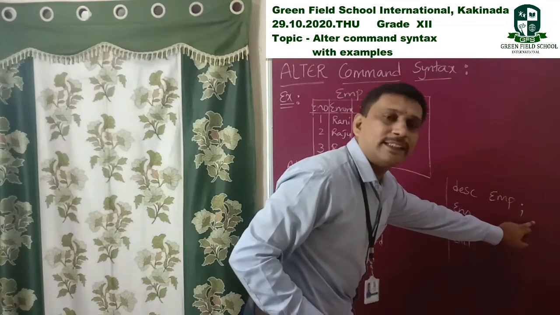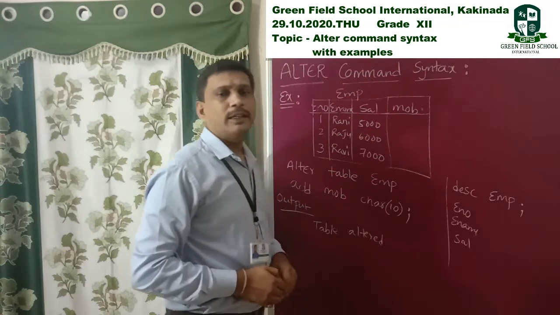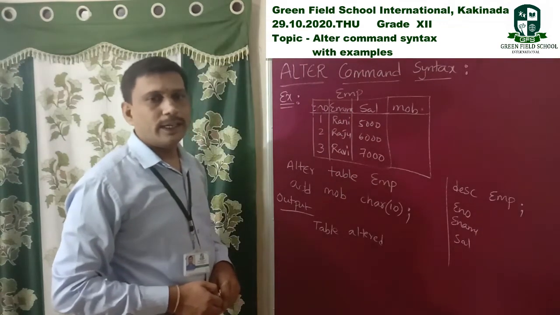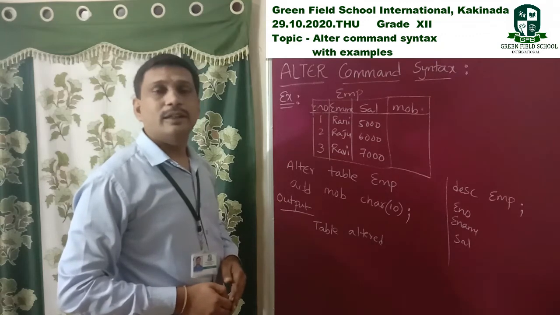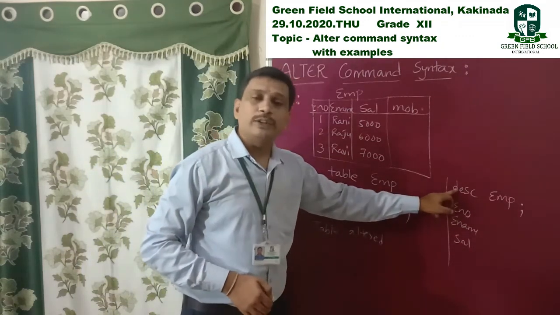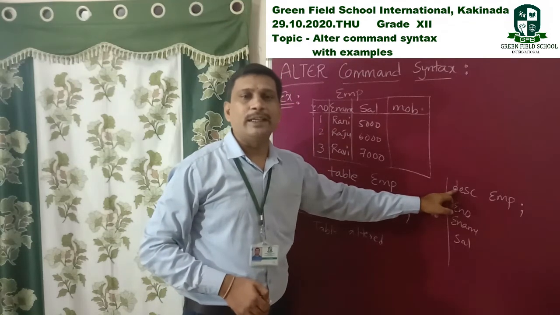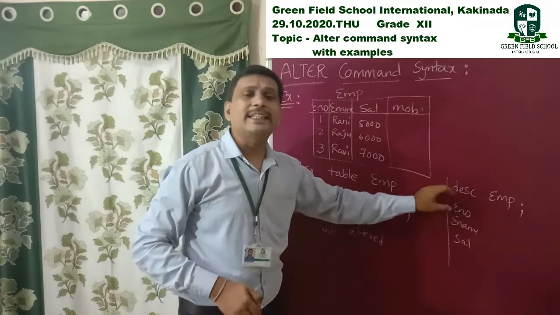If any constraints are there, all these are displayed in the describe command. Data type, size, constraints, nulls, all these are displayed when you use the DESC command. So it describes the entire structure.